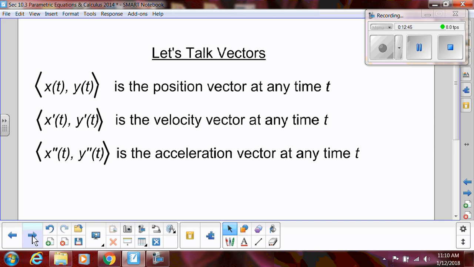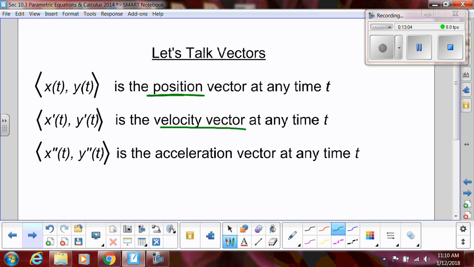If I have x of t and y of t, those are my horizontal and vertical components, and that's the position vector at any time t. Now, if I take the derivatives of them, dx/dt, dy/dt, that's the velocity vector. It's still a vector, because I'm keeping them separate.